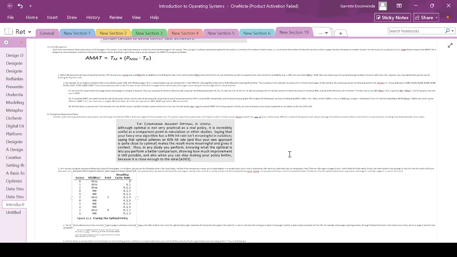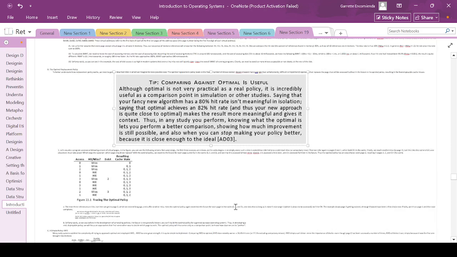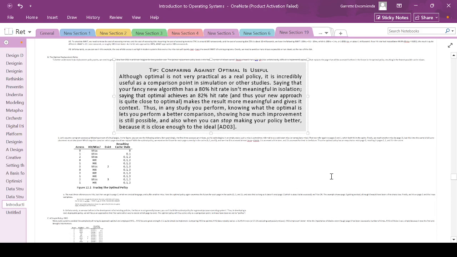The optimal replacement policy leads to the fewest number of misses overall. Belady showed that a simple but unfortunately difficult to implement approach that replaces the page that will be accessed furthest in the future is the optimal policy, resulting in the fewest possible cache misses. So the furthest out from now policy, which I described in the previous video, is still applicable here.